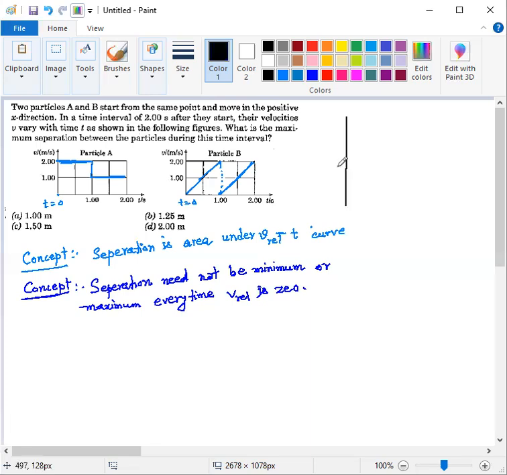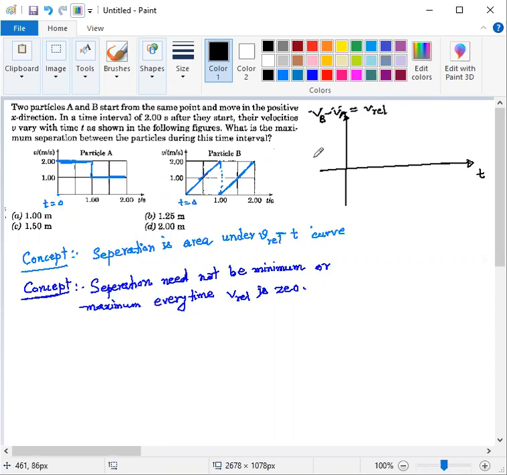So this is our time axis and this is our velocity axis, which is VB minus VA, which is nothing but V relative.